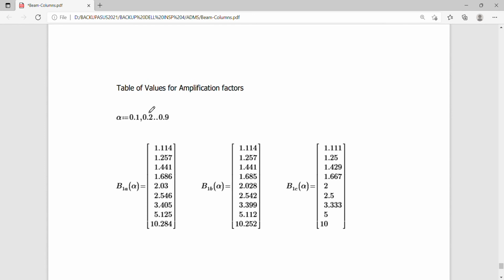If you make use of a table comparison for this amplification factor, you will take note that when alpha is already around 0.3, you will notice that this starts to deviate, and at 0.4 it starts to be different, until at 0.8 they are no longer very near to each other, but still very reliable.